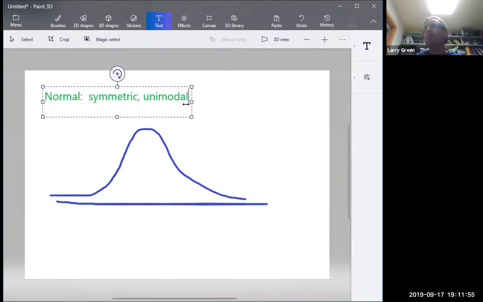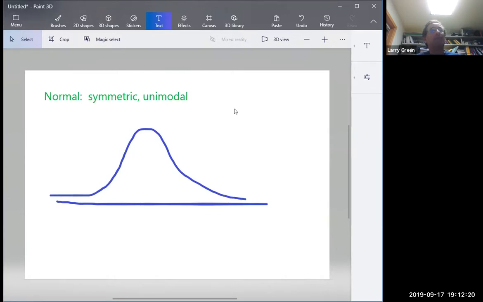If you haven't heard the word unimodal before, hopefully you've heard the word symmetric. Let's look at least at pieces of it. Uni. What other word has that prefix? Uni means one, unicycle, right? One wheel. So unimodal means one mode.